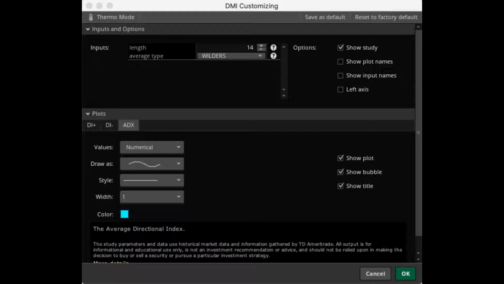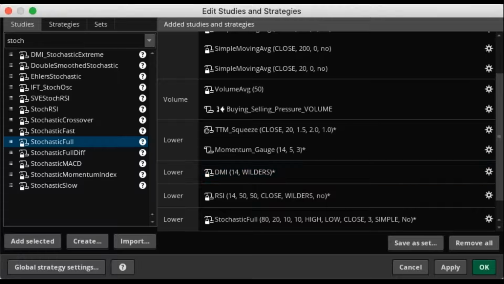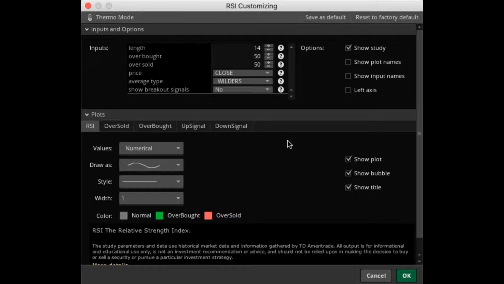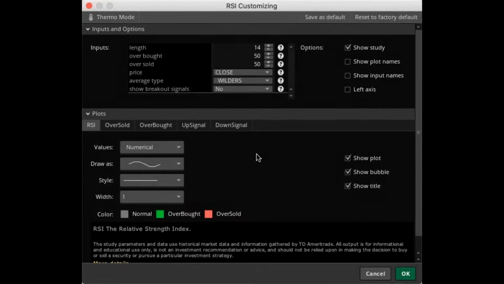And then your RSI, you're going to click edit. You're going to change your RSI to green as overbought and red as oversold.